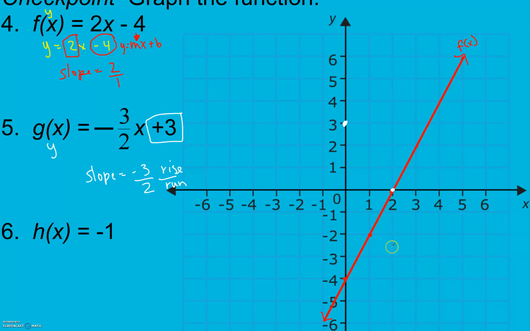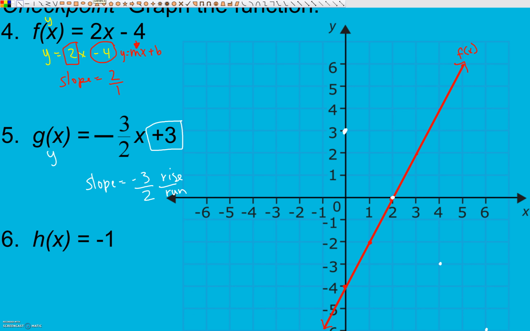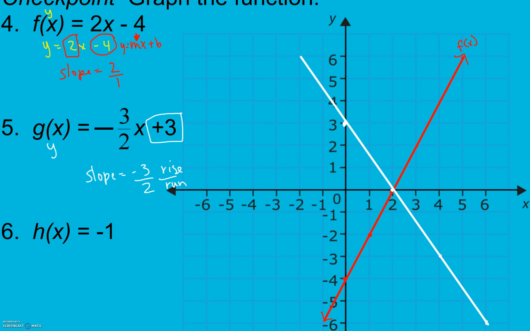I go down 3 over 2, and again, down 3 over 2. From there, once we have our points, we can connect them with a straight edge. Got a little bit off there, but pretty close. Arrows to show it continues. And here, we can label this as g of x.